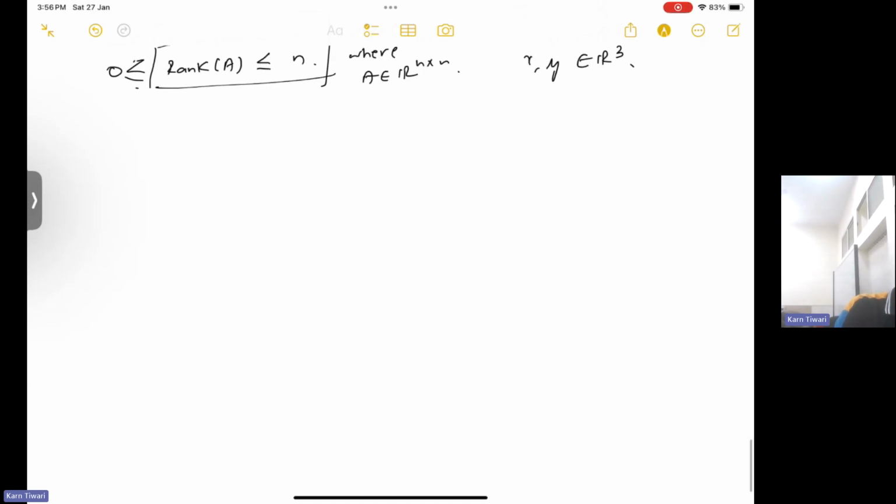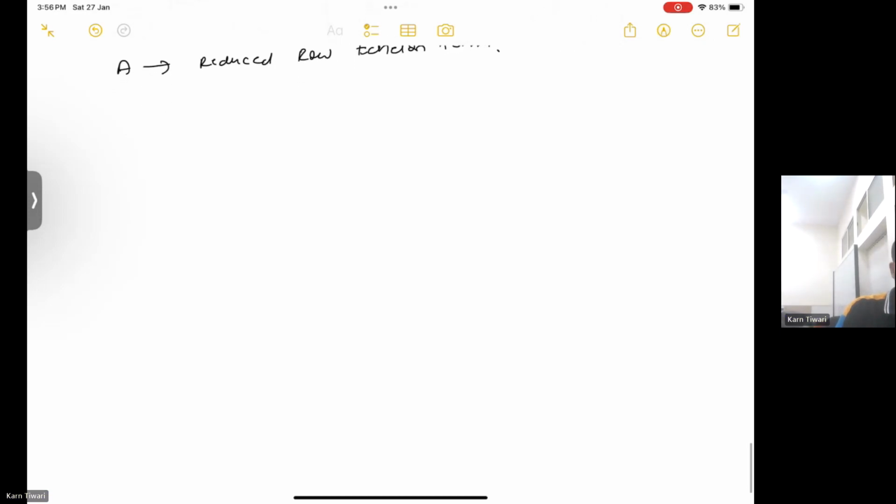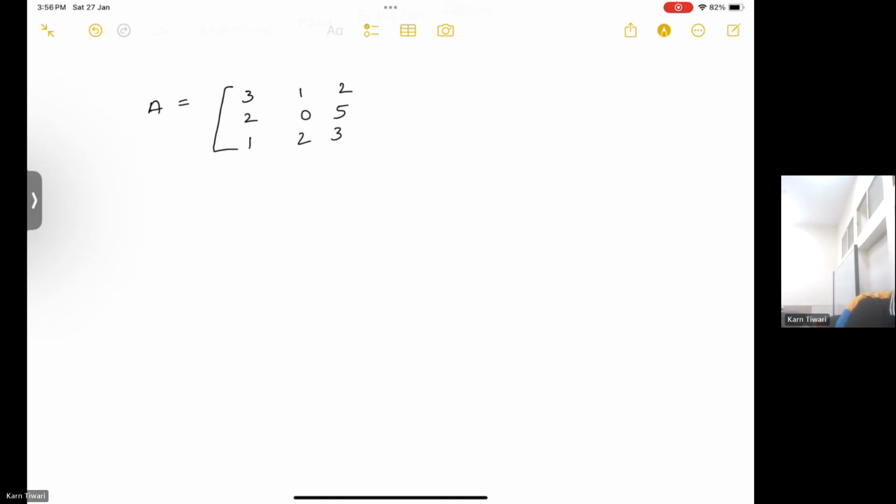So basically, A is given. You need to apply the reduced row echelon form. A we know is of the form 3, 1, 2; 2, 0, 5; 1, 2, 3.